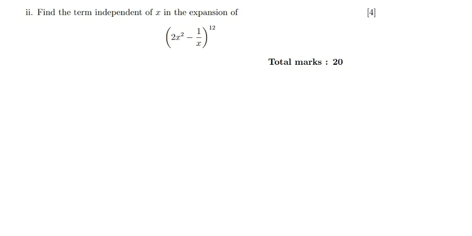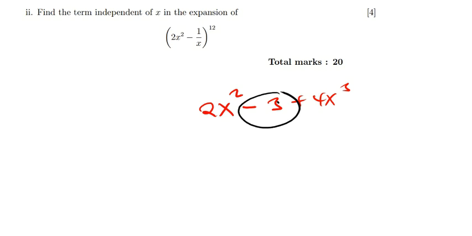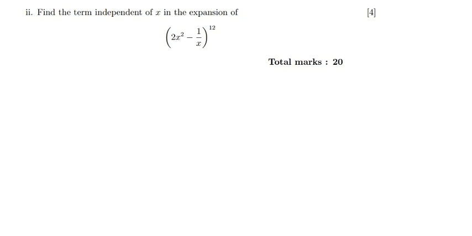Let's say you have got an expansion which is maybe 3x squared minus 3 plus 4x to the power 3. The term independent of x, which doesn't have x, in this case is this negative 3. So that's what we want to do.